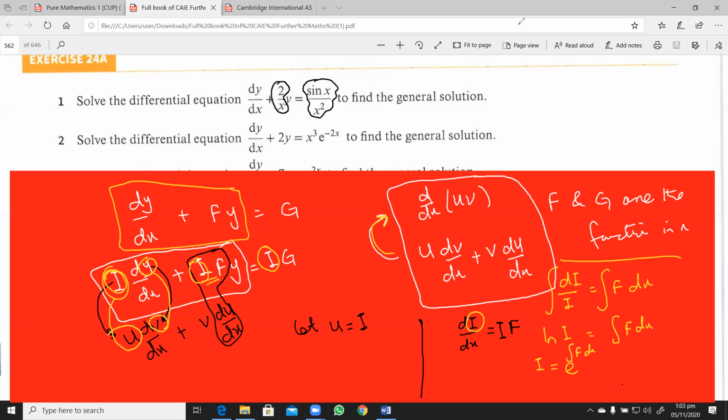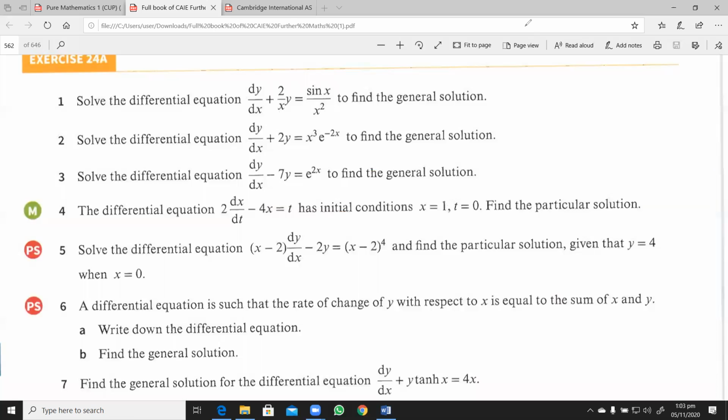Okay, so I'll just keep from all this discussion that the integral factor that we need is I equal to e raised to power integral of f dx. Now, when you're doing this, you have to make sure that this dy by dx does not have any coefficient with it.